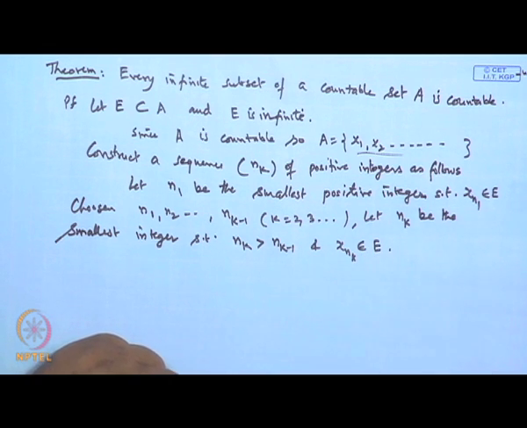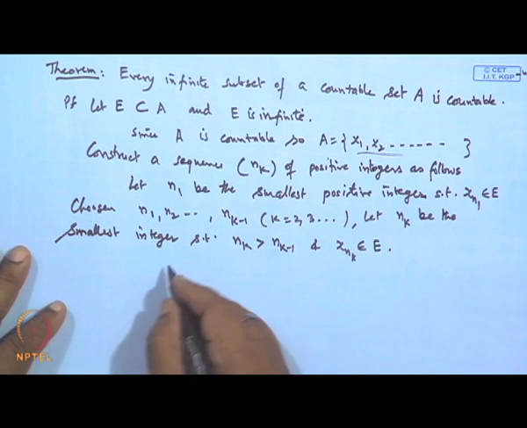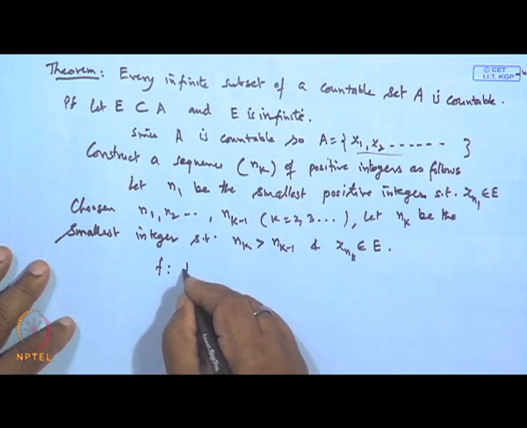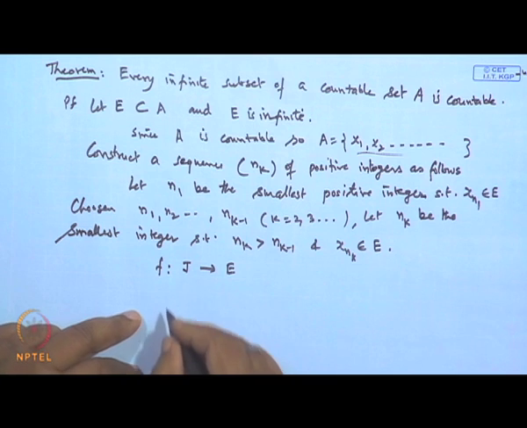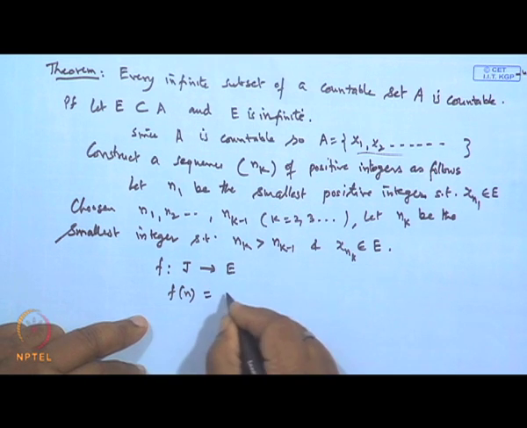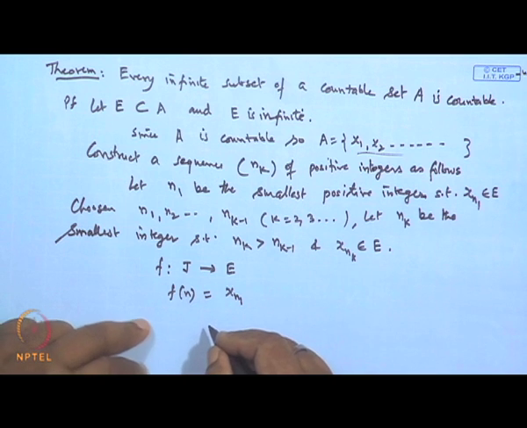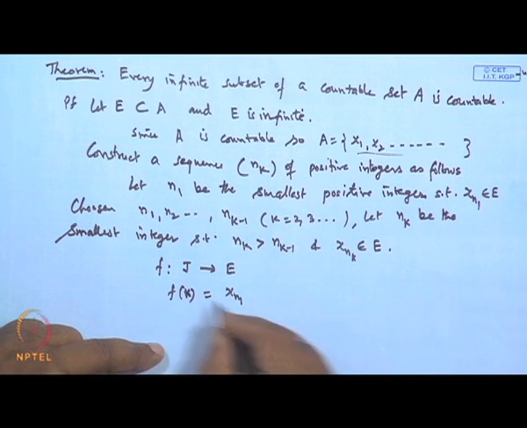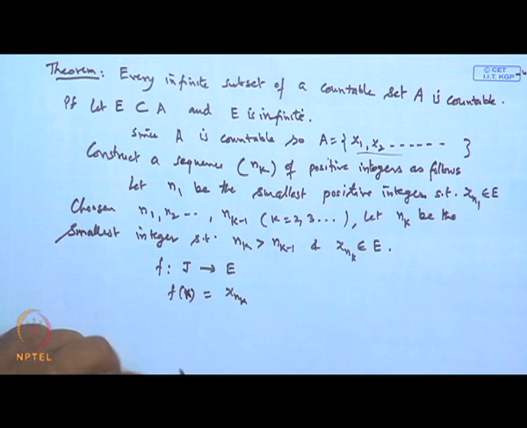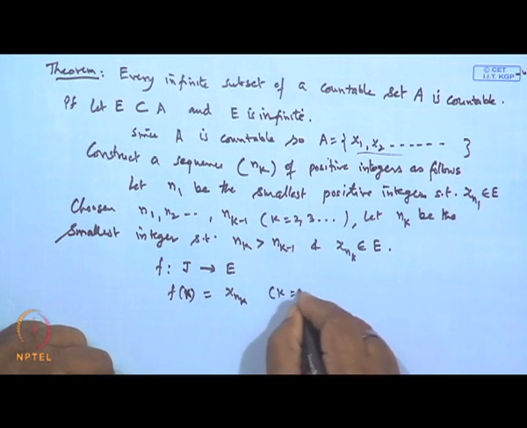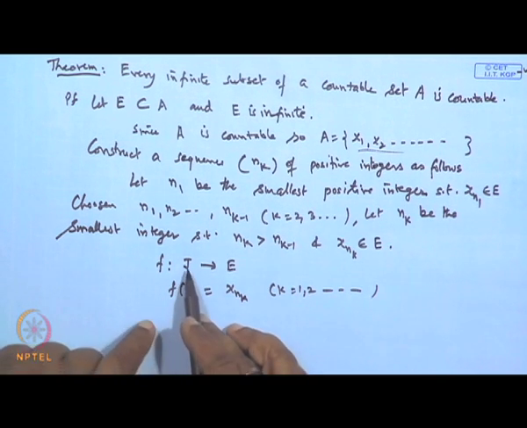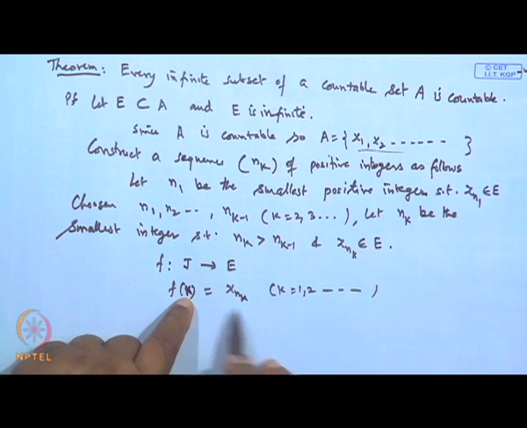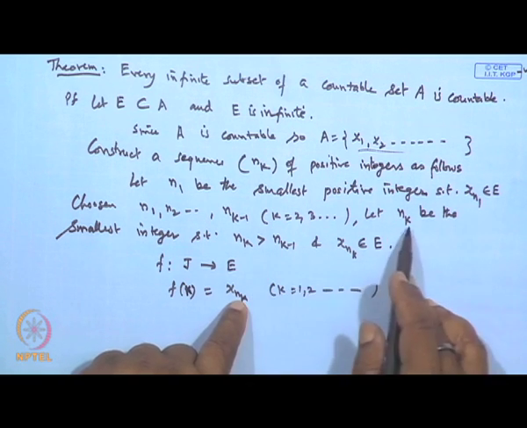Okay. So, now let us introduce the function f from J to E. Let us take f of k as x of n_k, where k is 1, 2, 3 and so on. Then what we see here is a 1 to 1 correspondence between J and E, because for k is 1, x_{n1} is in E, k is 2, x_{n2} is in E, x_{n_k} is in E and like this.